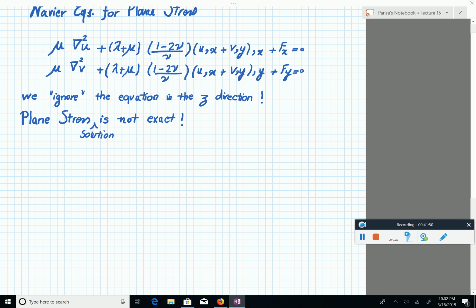So recall the Navier equations for the plane strain case.